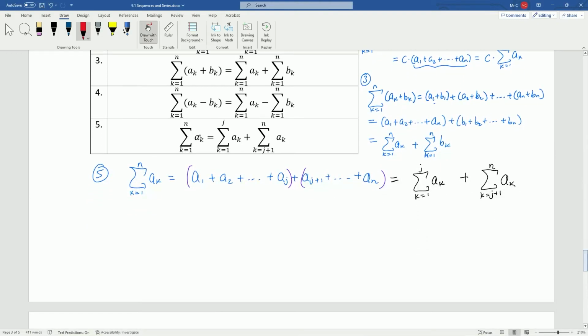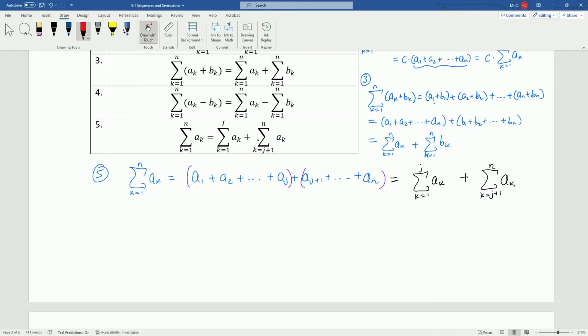And finally, our last summation property here is that the sum from k equals 1 to n of AK is equal to the sum from k equals 1 to j of AK plus the sum from k equals j plus 1 to n of AK.